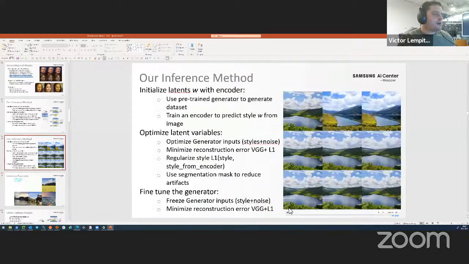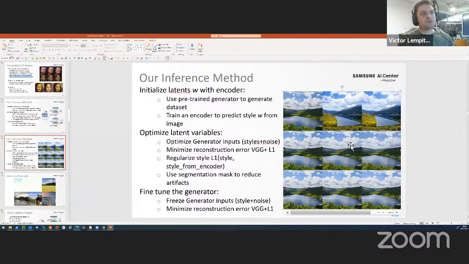The first row is what we get from the encoder, and you see a big mismatch between the actual photograph and its reconstruction. Second row is what we get after noise plus style optimization, and the fit is much better.